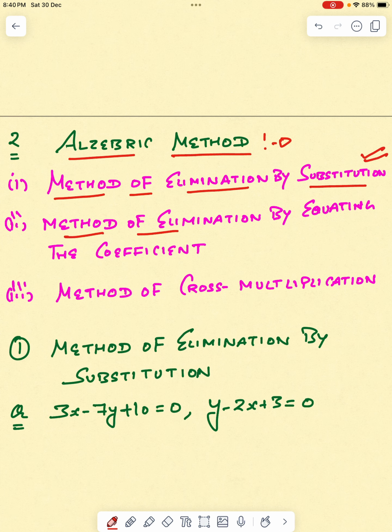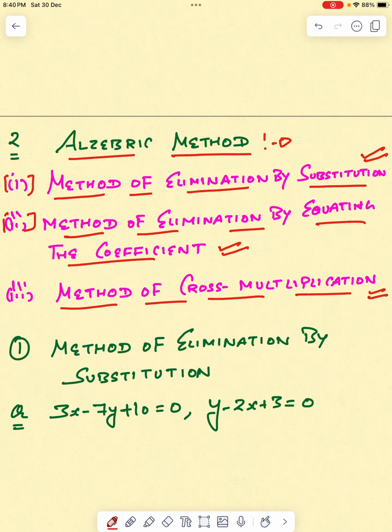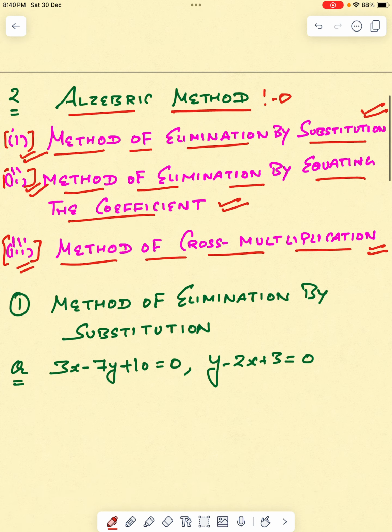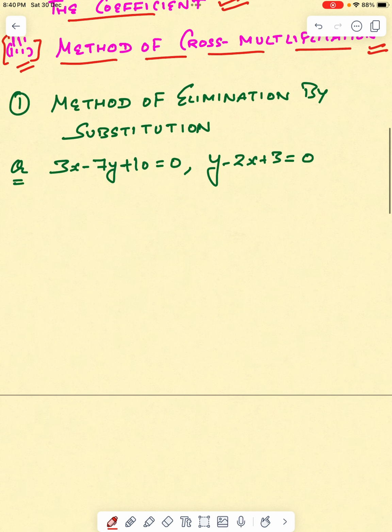The second is the method of elimination by equating the coefficients, and the third is the method of cross multiplication. In this tutorial we will learn only the first two methods, and we will have a separate video on the third. Now starting with our first method, elimination by substitution.